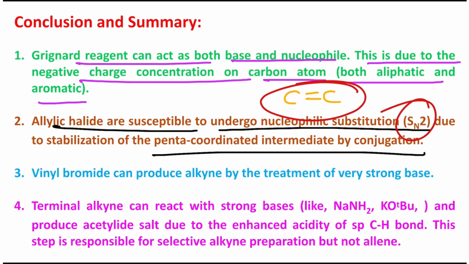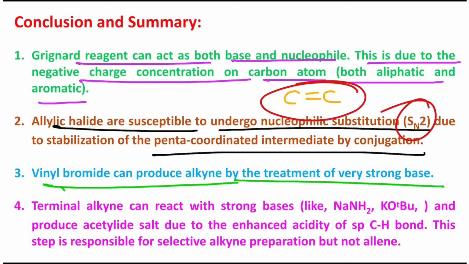So that's why these allyl halides are activated or susceptible for SN2 type reaction. Fine. Now in this case the vinyl bromides can produce alkyne by treatment with a very strong base, but there is a big catch: if you are trying to prepare a terminal alkyne, then you need 2 equivalents.